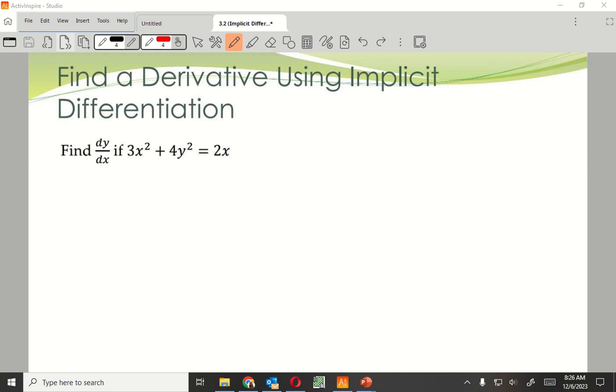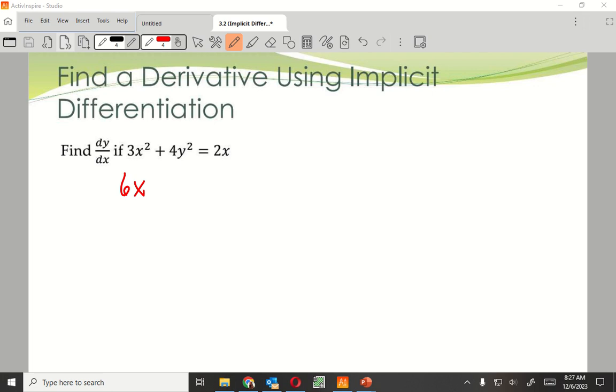Anyone need help getting started? So, the derivative of 3x squared is going to give me 6x. 6x, very good.